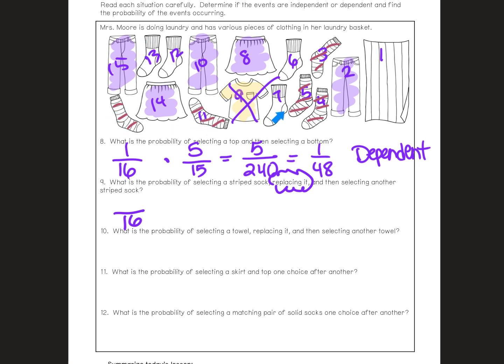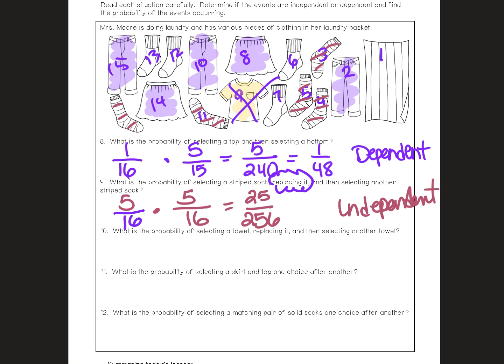So we have 1, 2, 3, 4, 5 striped socks. I replaced them, so I still have the same number of items. There's still 16. I put them back. So what about getting another? It's 5/16 squared, which is 25 over 256. And that is an independent outcome, an independent probability.